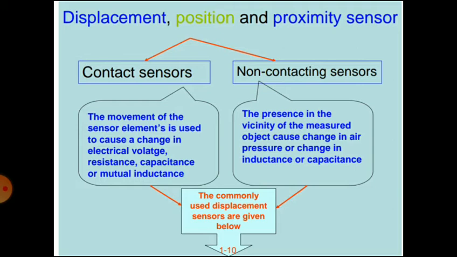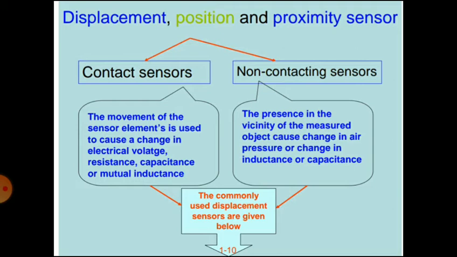Regarding contact sensors, the measured object comes into mechanical contact with the sensor. For those linear displacement methods involving contact, there is usually a sensing shaft which is in direct contact with the object being monitored. The displacement of this shaft is then monitored by a sensor.